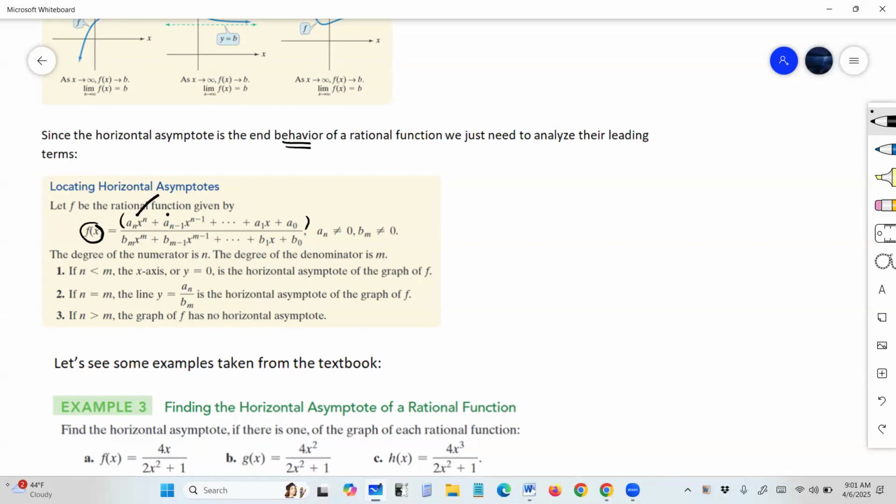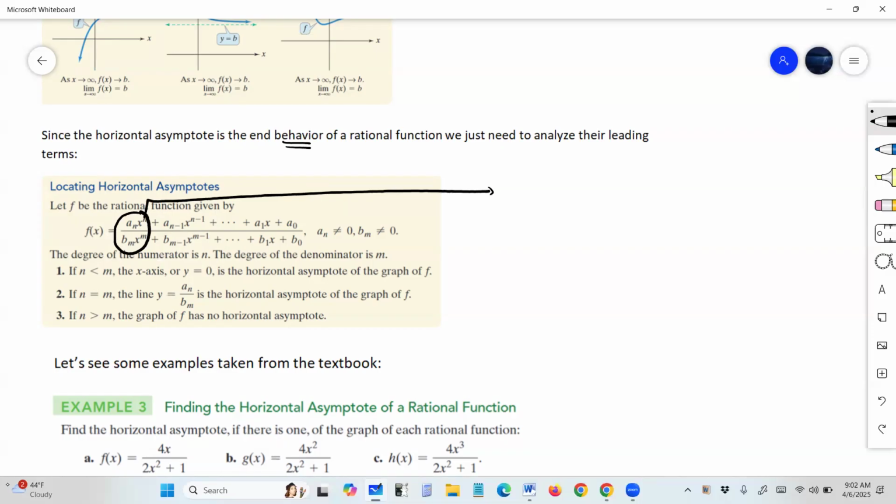From the leading term to the last term. Same thing with the denominator, leading term to the last term. Now, once we have done that, because this is end behavior analysis, all we have to do is look at the leading terms of both numerator and denominator.